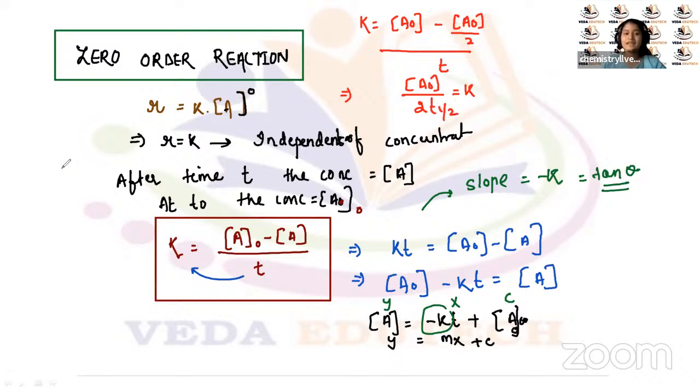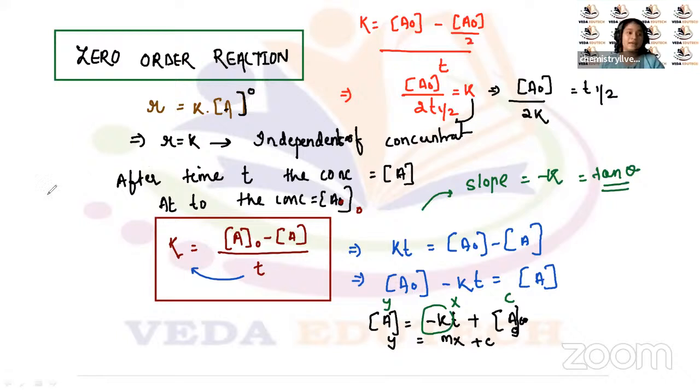This t is nothing but t half, because in that much time the concentration has decreased to this much. So a naught by 2k is equal to t half.